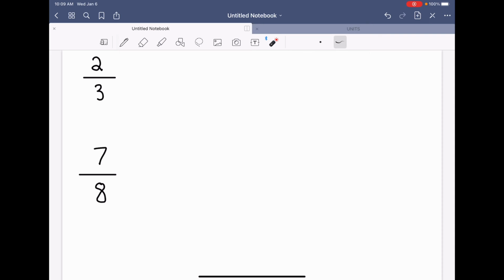So 2/3. Let me write that out. So we can read the fraction as 2/3.